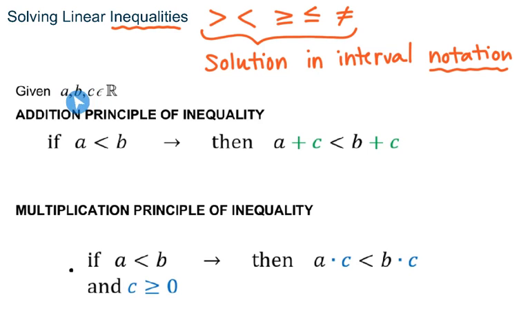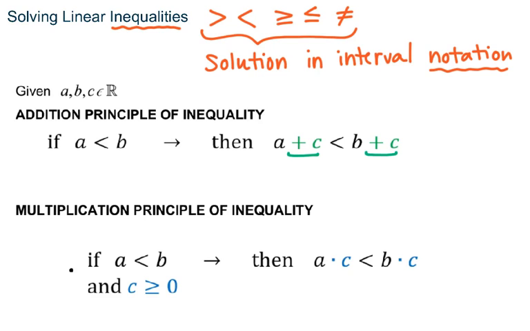So as long as we're given three numbers, A, B, and C, which are elements of the real number set, if we begin with some basic inequality, such as A less than B, then what we can say is it's completely legal to add the same real number value to both sides of the inequality. And that could be a variable as well, right?